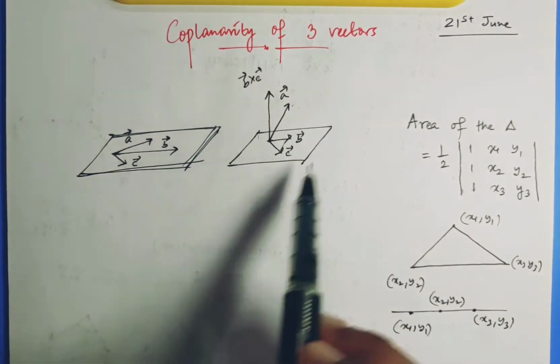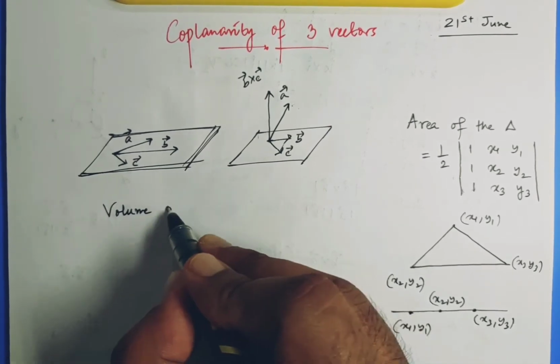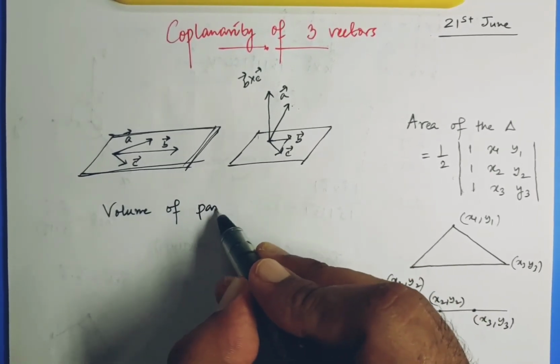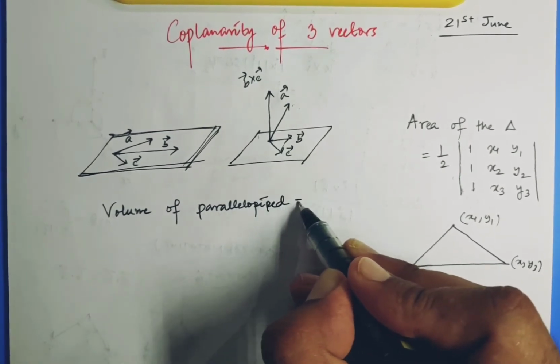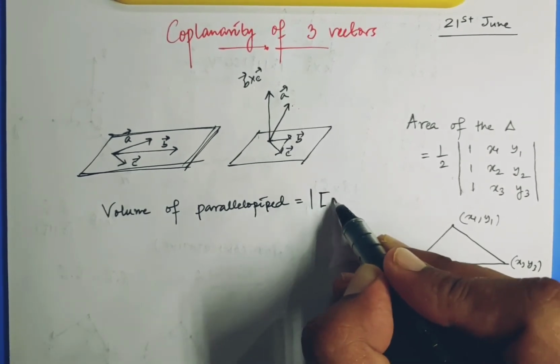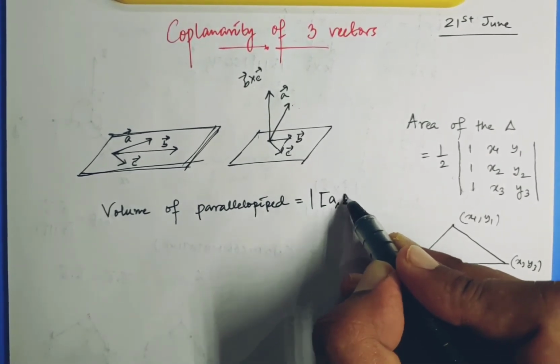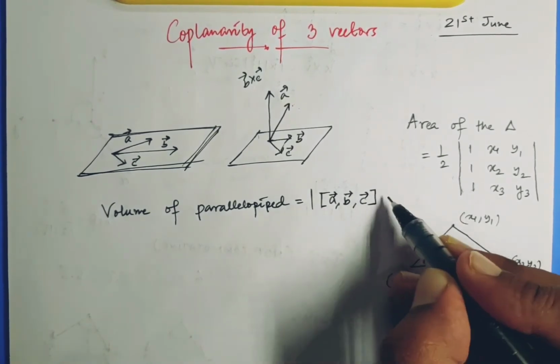So in the previous one, what was the volume of a parallelepiped? Volume of parallelepiped was equal to how much? It was the modulus of A, B, C. You can use the comma or you can't, that doesn't matter.